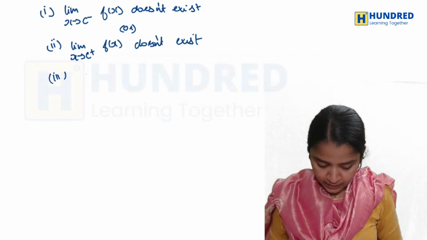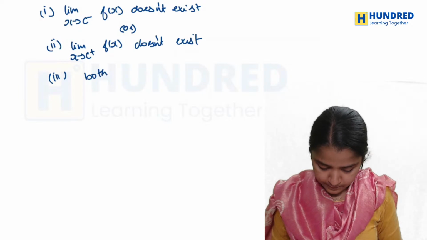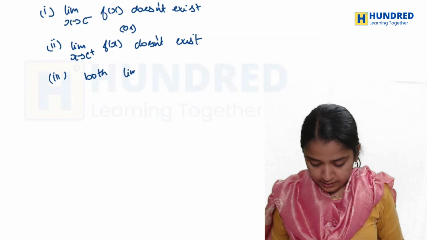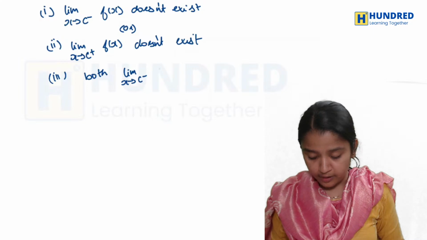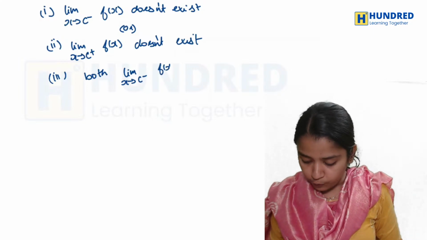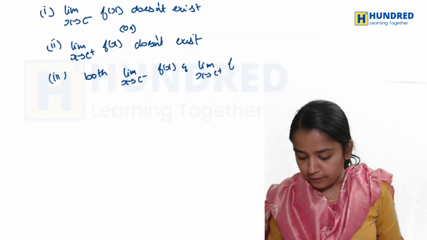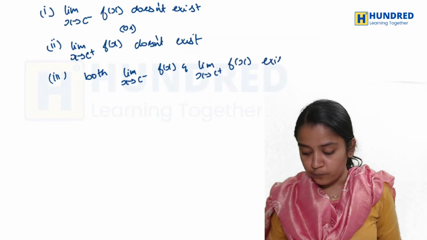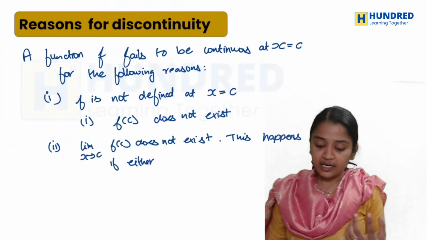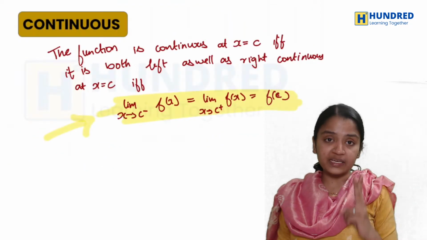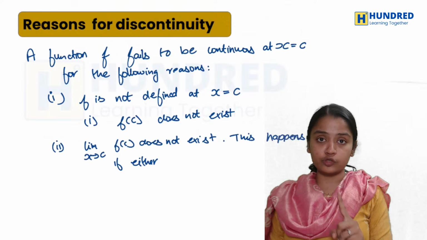So both the left hand limit of f(x) and the right hand limit of f(x) exist, but the main condition is that both should be equal. Your left hand limit and right hand limit should be equal.